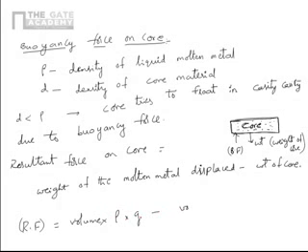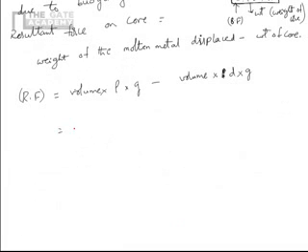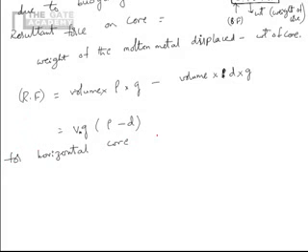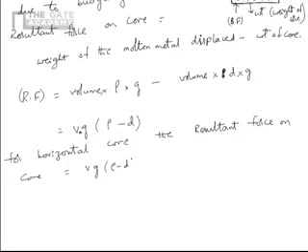The volume is the same in both, and V and g are the same for the core, so the resultant force is Vg into (rho minus D), where rho is the density of the molten metal and D is the density of the core.